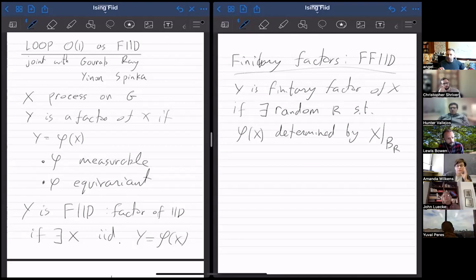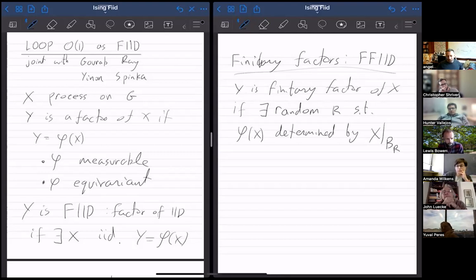So if you have some vertex rho, and if I just see the values of X on some finite radius, then this is enough to determine the value of Y. You can think of this like a stopping time: you start looking at the vertices of X incrementally, and at some point you say, I've seen enough and I know what the value of Y is.